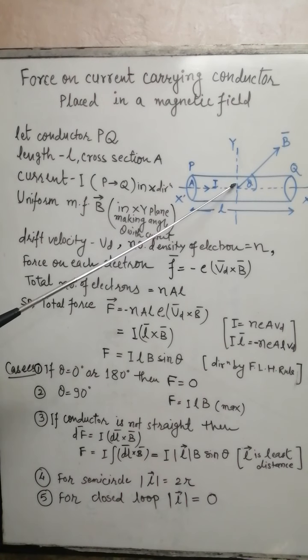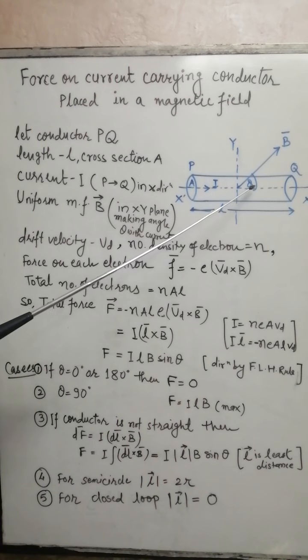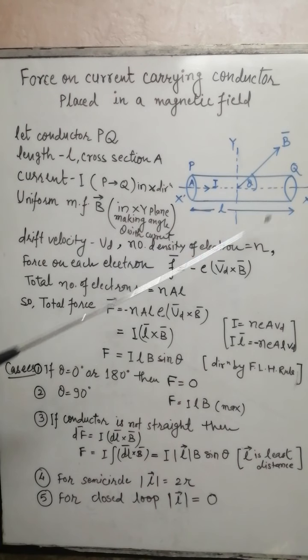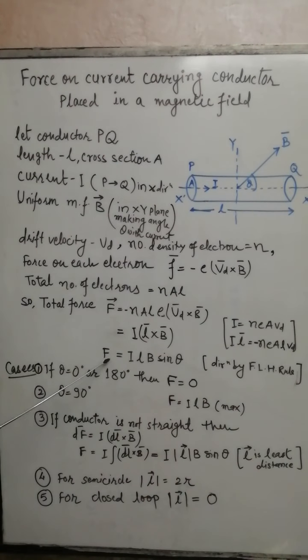So B and I, this conductor will experience a force in upward direction. You can apply Fleming's left hand rule and get the direction. Either you can get it by Fleming's left hand rule or right hand palm rule. So this is about force.